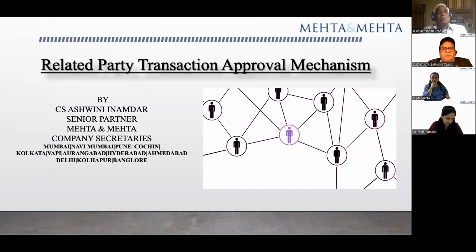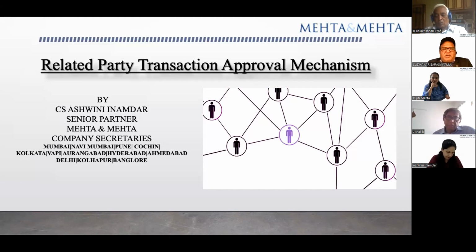Any kind of non-compliance at any stage is going to put us in trouble, whether it is not having proper understanding and identification of a related party, not having proper knowledge about identification of a related party transaction, not knowing the key terminology pertaining to related party transactions, not knowing about the nuances of the approval mechanism, or not knowing about furnishing that information, disclosures, and filings. Each and every one has its own importance, its own complexities, its own nuances.